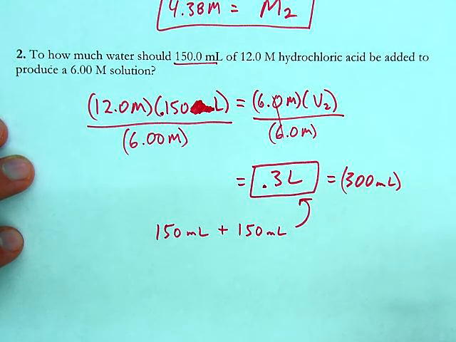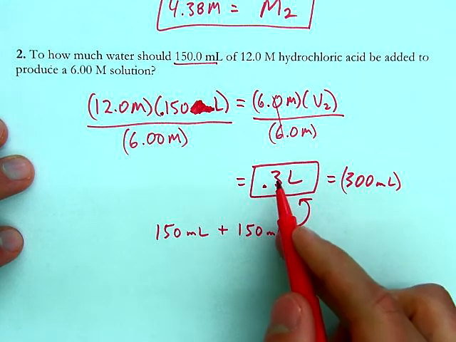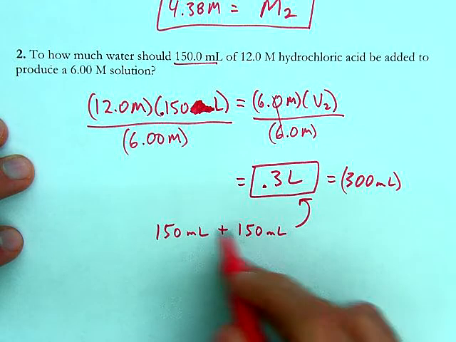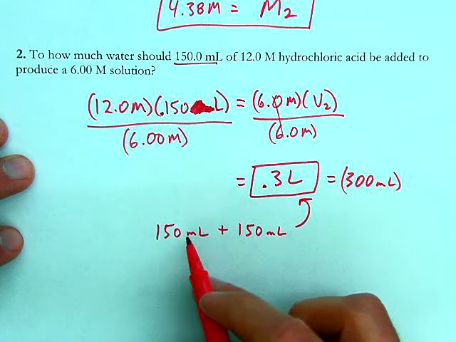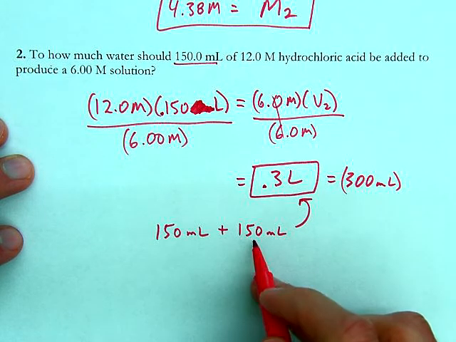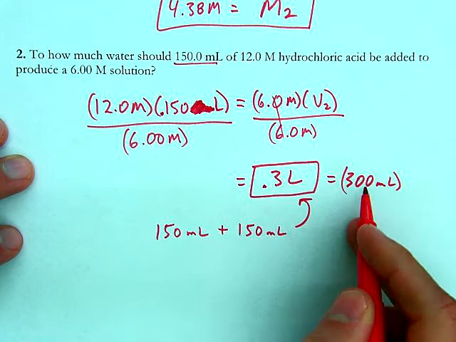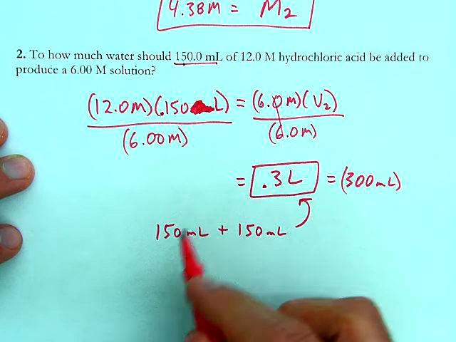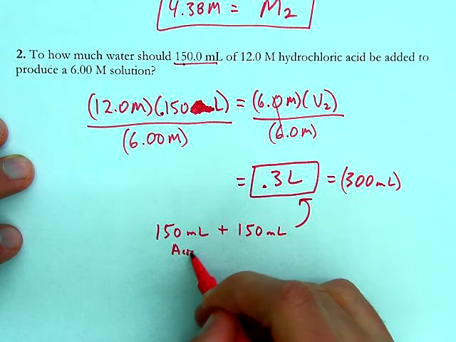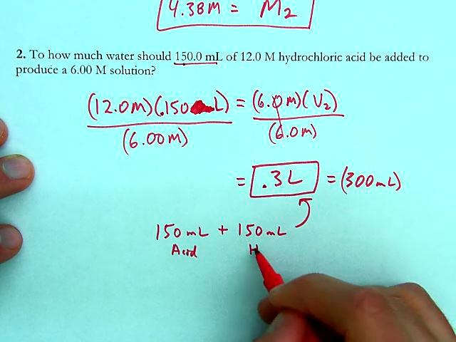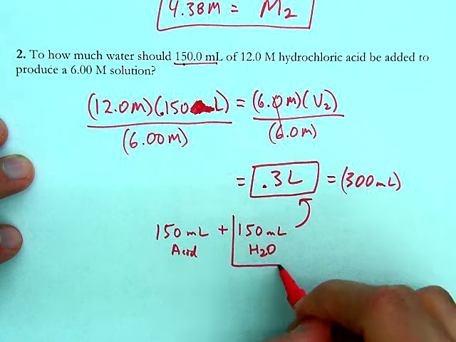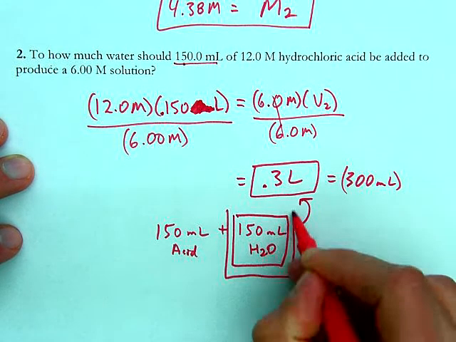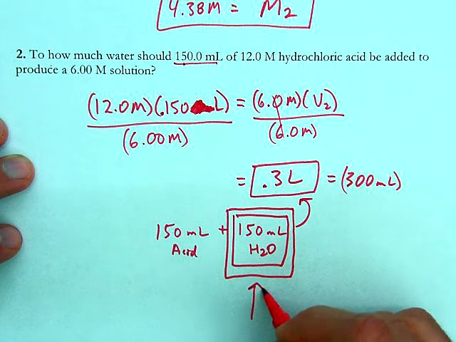You could take this and subtract this, but I can see in my head that 150 milliliters plus 150 milliliters gives you 300 milliliters. So when it says, to how much water should this be added, 150 milliliters of acid needs to be added to 150 milliliters of H2O in order to arrive at that volume. So this is your answer.